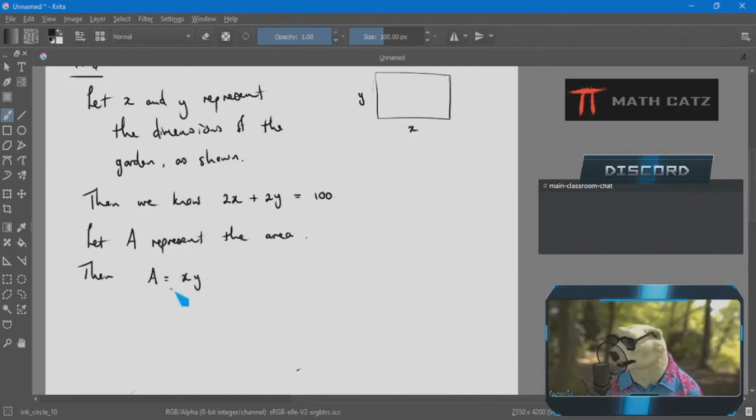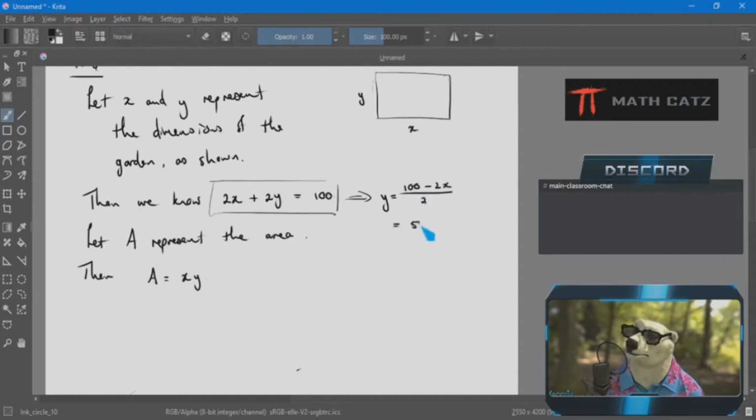So I'm kind of stuck here. And that is where this extra piece of information comes in. That I can solve one of the variables with this equation. And in this case, it's going to be 100 minus 2x over 2, or 50 minus x.